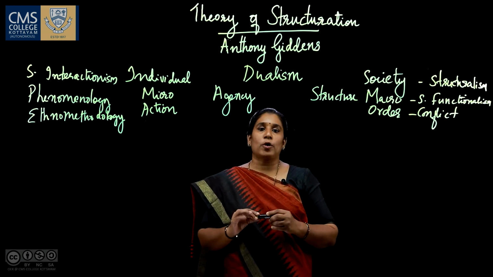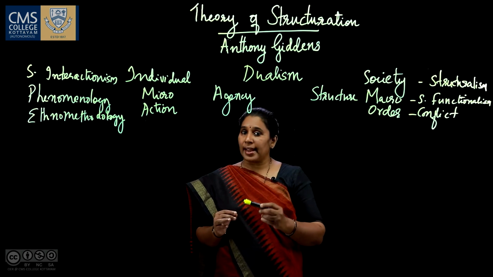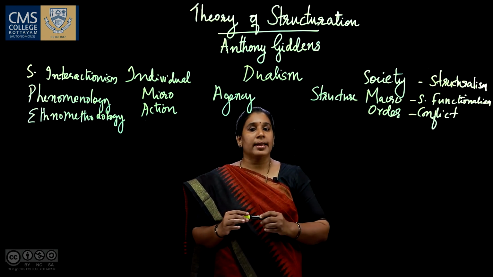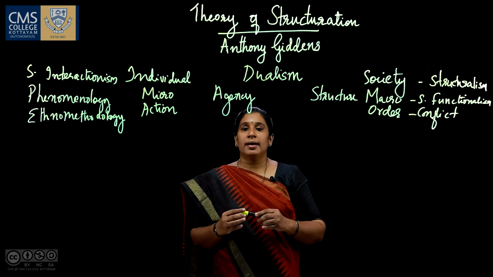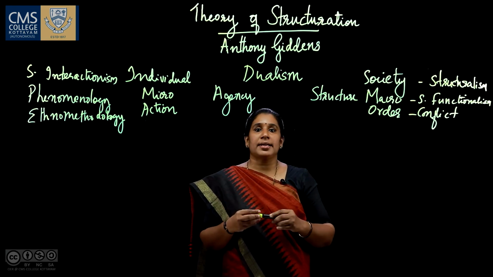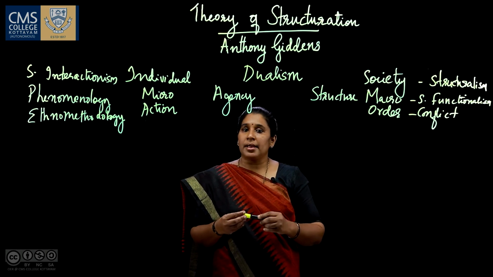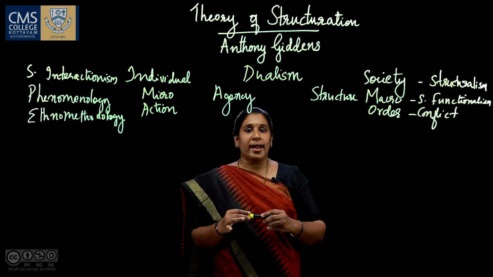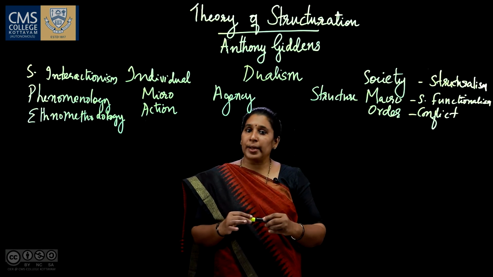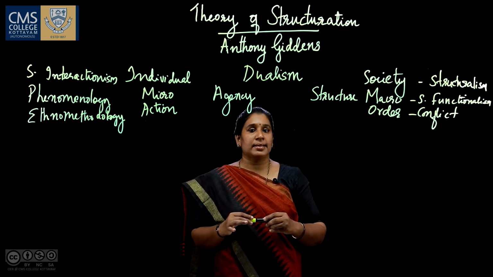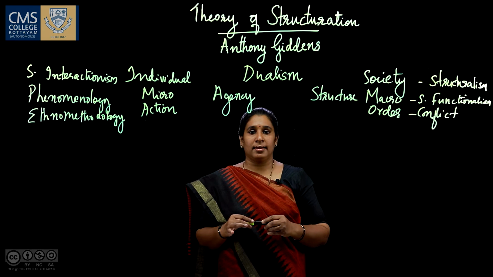This reciprocal connection between agency and structure in social life, or this simultaneity of agency and action, can be expressed in two axes in a two-dimensional geometric space according to Giddens.